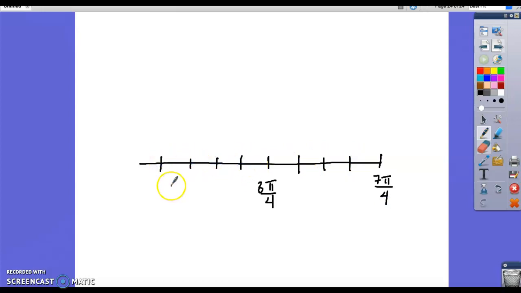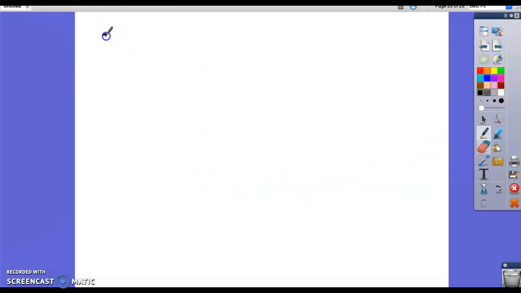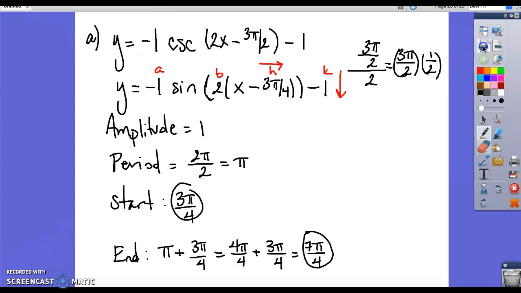Before I draw my vertical axis, I'm going to figure out my critical points here. I'm starting at 3 pi over 4. My period is pi, which means the distance between the critical points is my period divided by 4, so it's pi over 4.